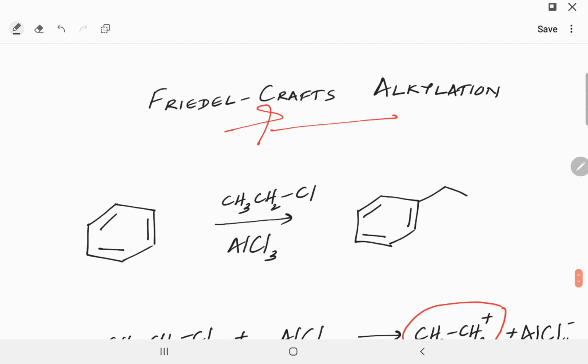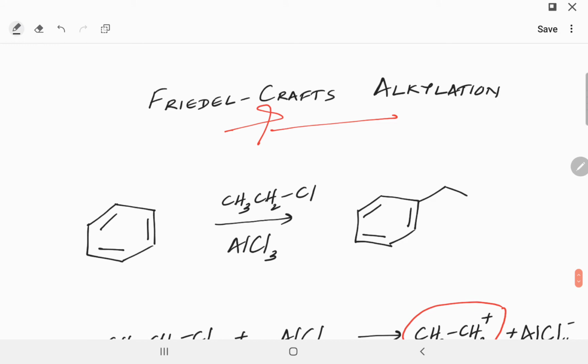For this particular reaction, you are going to need two things. First, you are going to need an alkyl halide. And then of course you are going to need aluminium chloride as your catalyst. So AlCl3 is going to act as your catalyst, and then you will also need an alkyl halide.